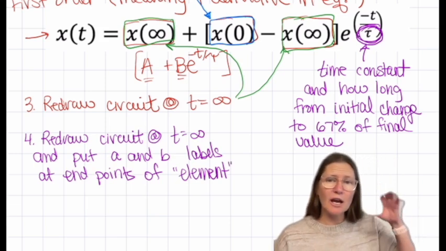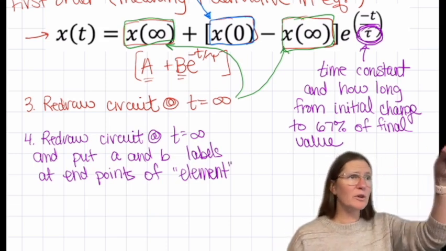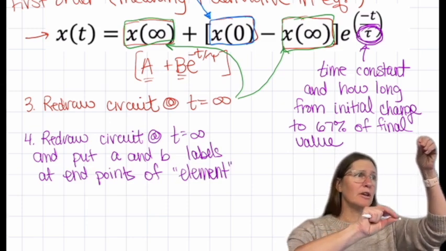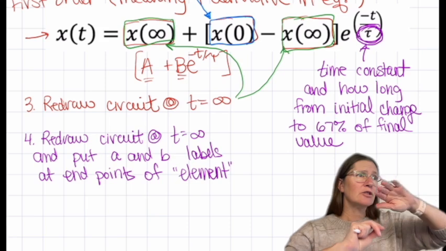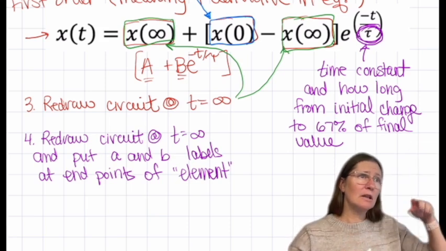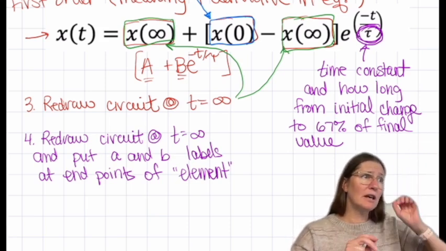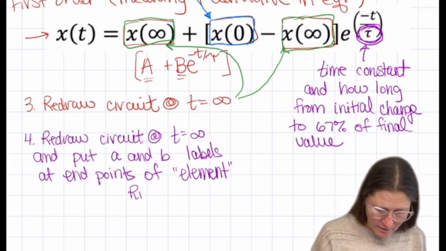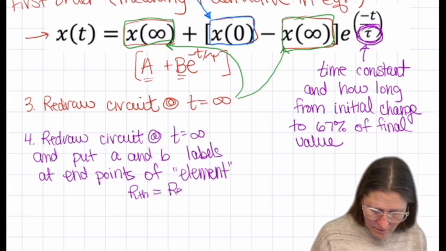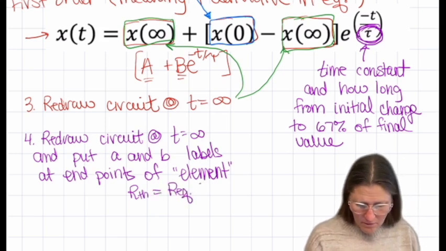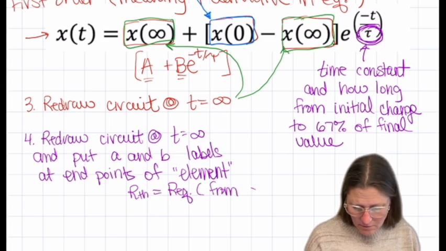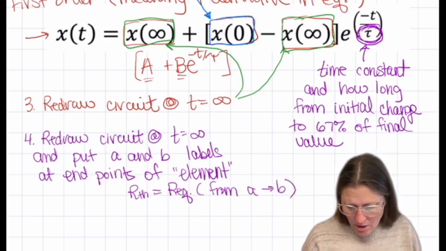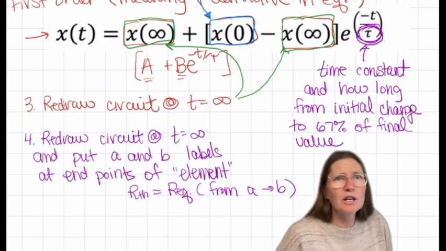So you're going to take out the capacitor and put A on one side of the capacitor and B on the other side. And then you're going to take a Thevenin from A back to B, and that's going to be your RTH value. And so that gives you your RTH value.